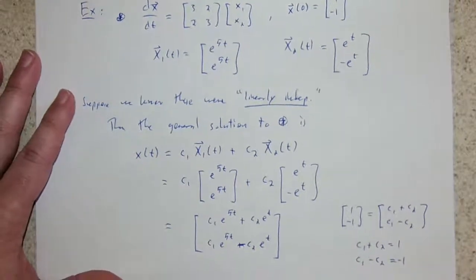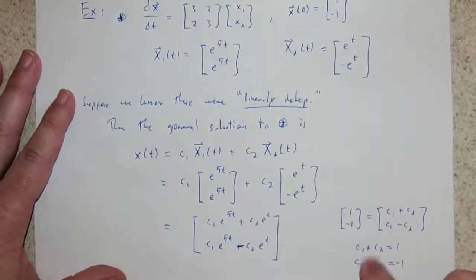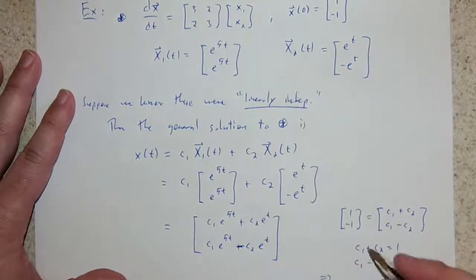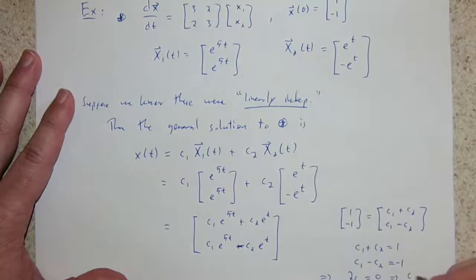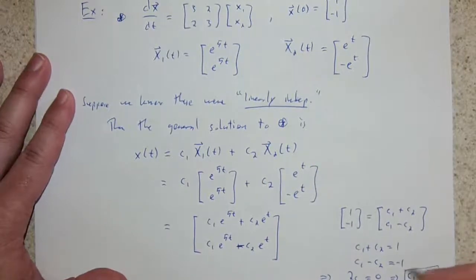If I just add these equations, I get that 2c1 is equal to 0. So c1 is equal to 0. Well, if c1 is equal to 0, then c2 is equal to 1.